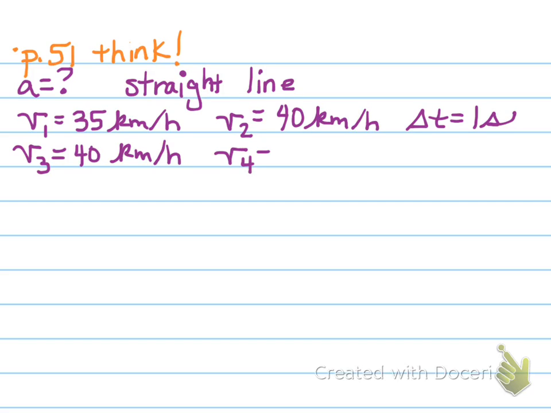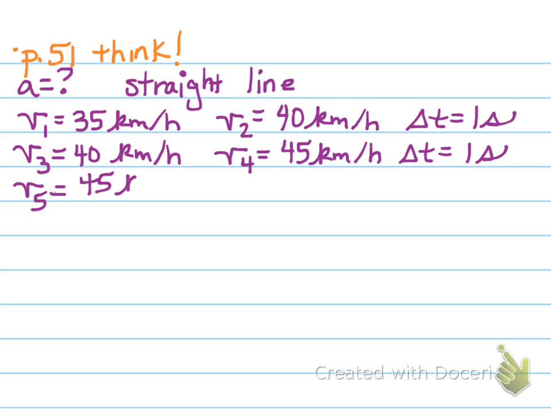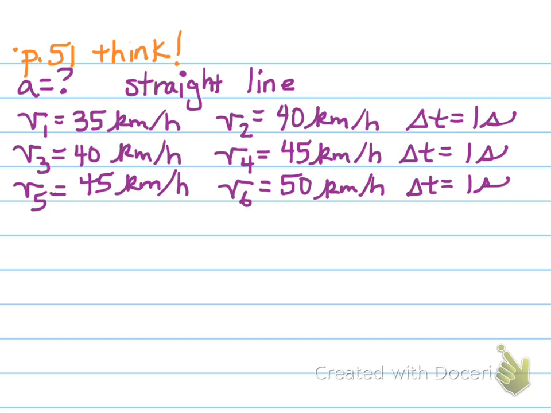The fourth velocity they gave us was 45 kilometers per hour. And that the change in time for that was also 1 second. The fifth velocity they give us is 45 kilometers per hour. And our final velocity is 50 kilometers per hour. And that the change in time of that was also 1 second.